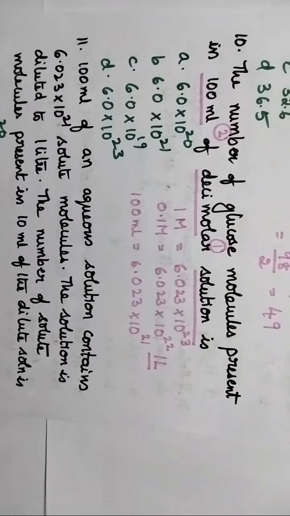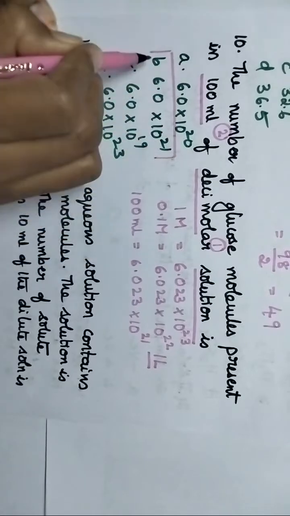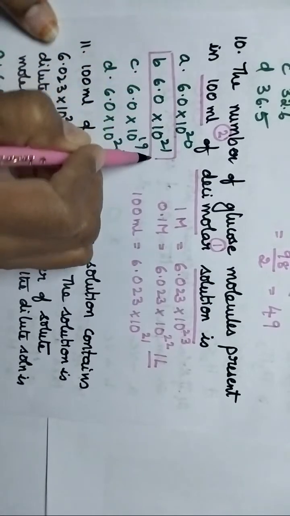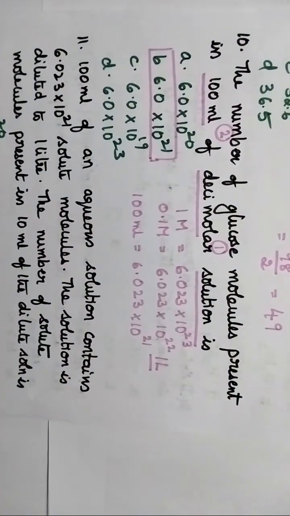Yes, Leela, very good. Option B is the right answer. Here a small logic is there. You always remember 1 mole of any solution contains Avogadro number of particles. Avogadro number of particles means 6.023 into 10 power 23 particles.